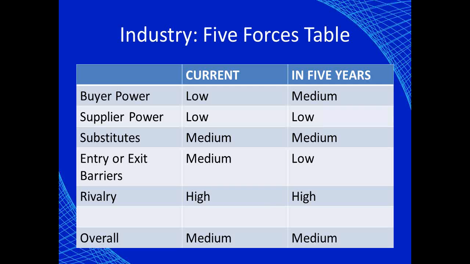And threats from substitutes right now is medium, and it's likely to stay pretty much constant over the next 5 years, and that's because of the price competitiveness and the relationships between clients and consultants ensuring future business. That's likely to stay the same. The entry and exit barriers to the industry right now is medium, as you need a degree and good knowledge of the industry.